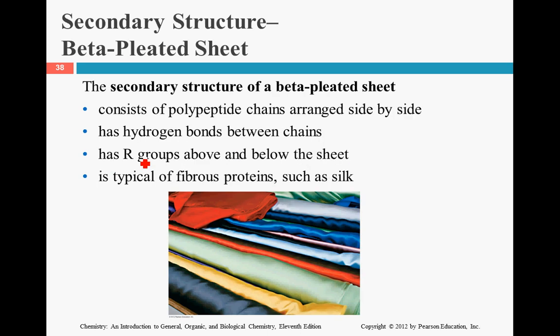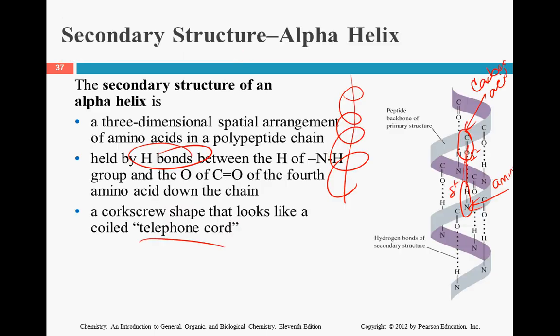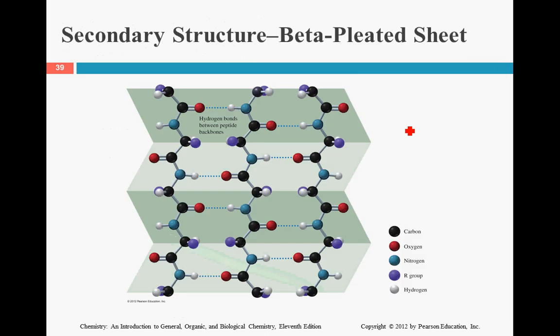Another secondary structure is the peptide sheet, the beta-pleated sheets. Contrary to the alpha helix, where it's bonding to itself, the beta sheet is actually bonding to multiple sheets at the same time.